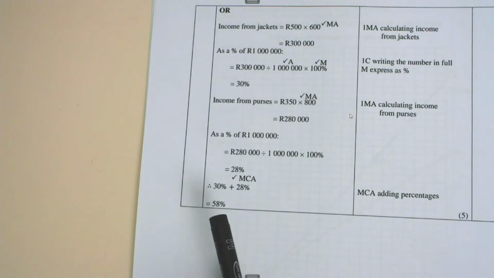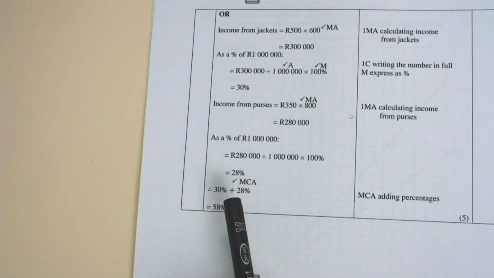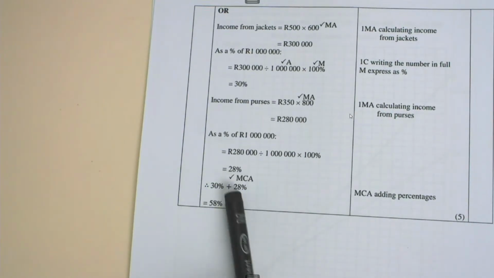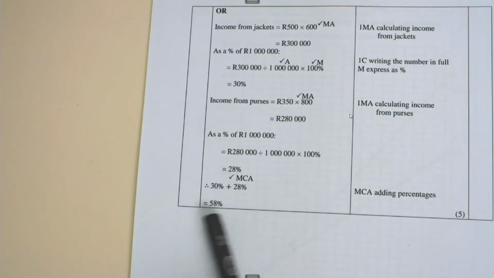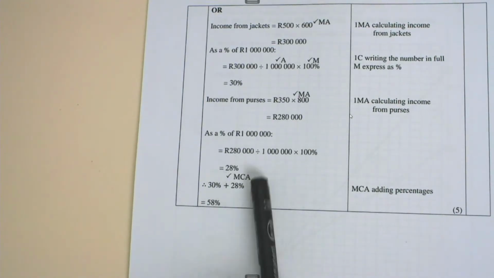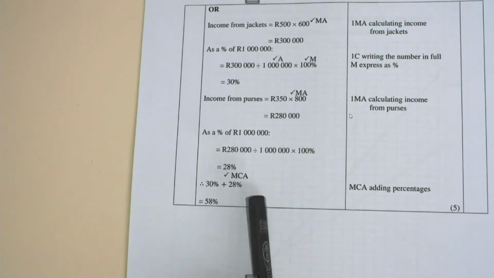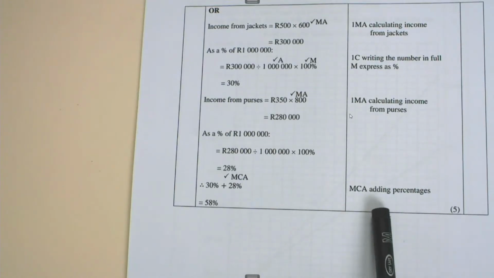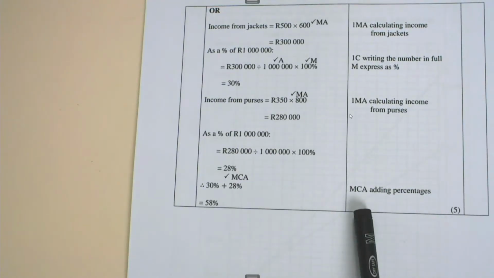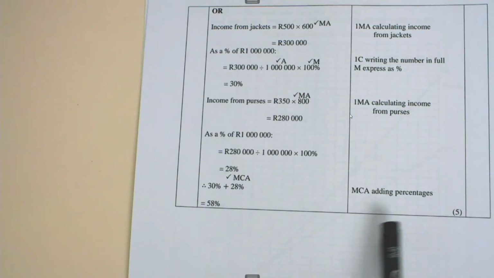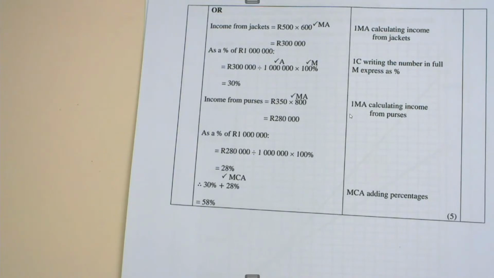We are checking whether the answer, that statement, is correct, because the answer is given here. So for adding 30 plus 28, you get the percentage, 58. And then we have the MCA for adding percentages.